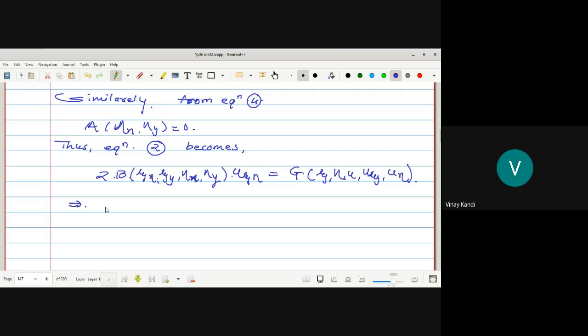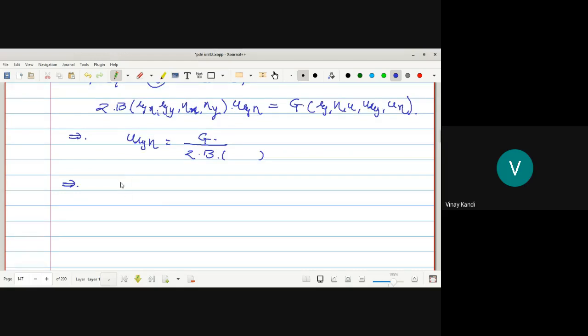Okay, so that implies the value of u psi eta is equal to g upon 2 into this b, this function. So at the last we get u of psi eta is the function.